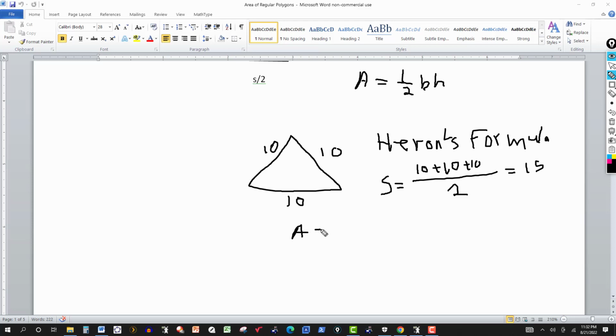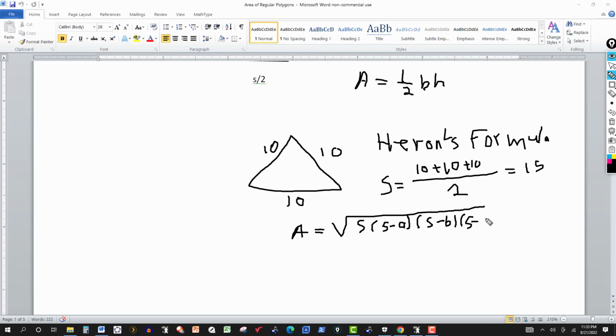The area will be given by the square root of S, where S is 15 in this case. Again, the lengths don't have to be all equal. You just add them up, find the perimeter. So it's S times S minus A, where A is one side of the triangle, times S minus B. B is the second side.